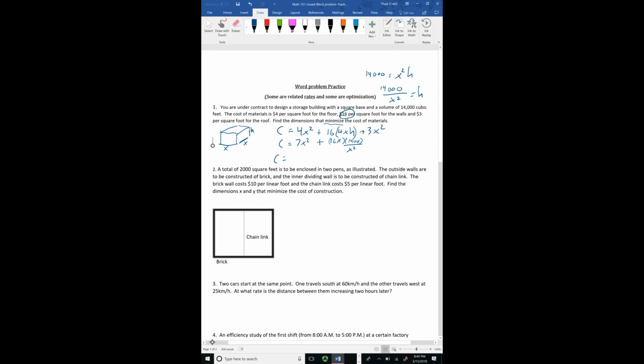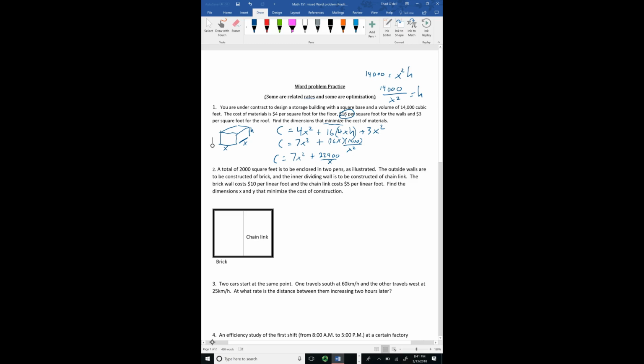C is equal to 7x squared, and what's 16 times 14,000? That would be plus 22,400. The x's cancel out, leaving just one x on the bottom.